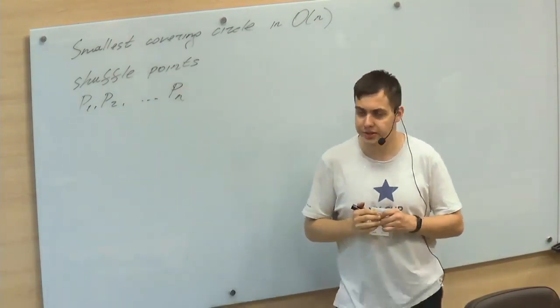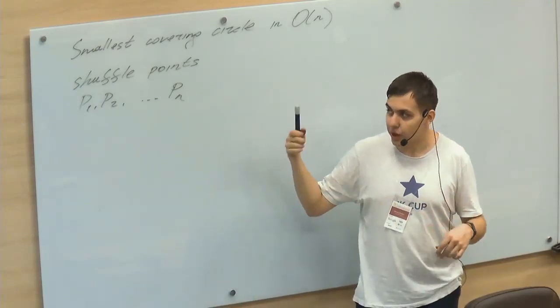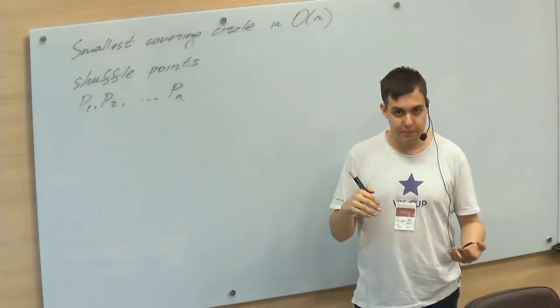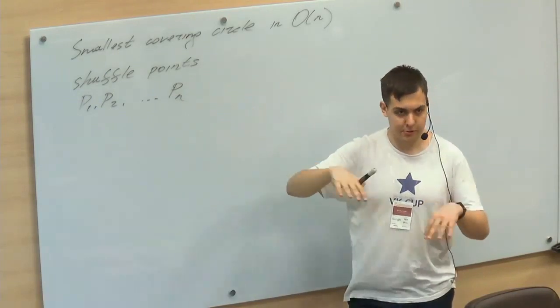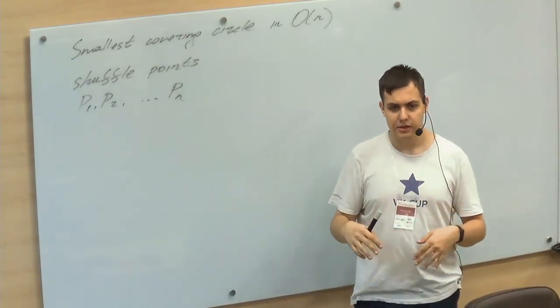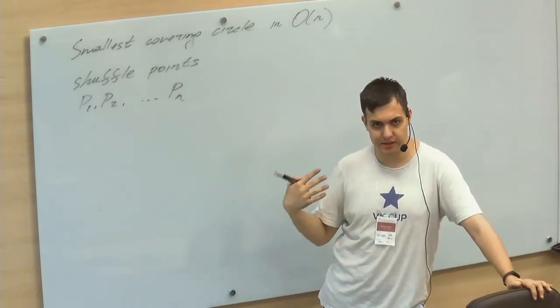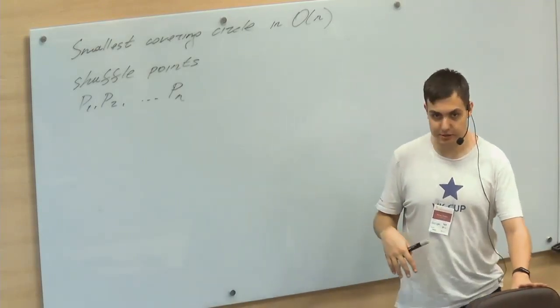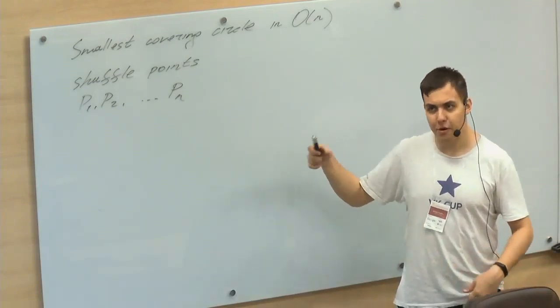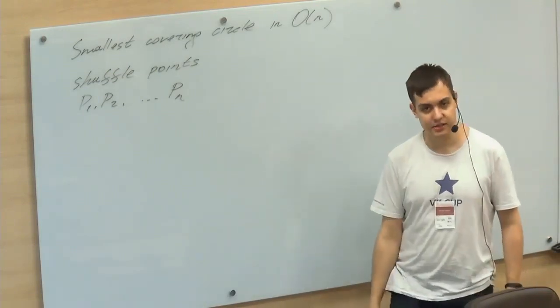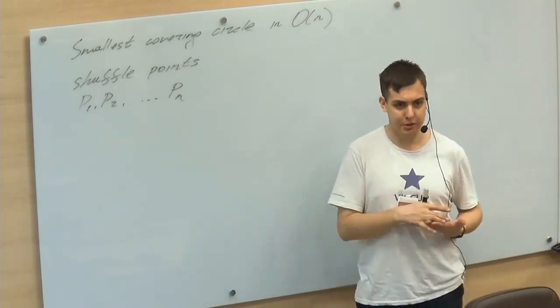We'll go over all these points and try to build the smallest covering circle for just the first point, just the first 2 points, just the first 3 points, 4 points, 5 points, and so on. Whenever we get a point that's not inside the smallest circle, we'll try to rebuild.